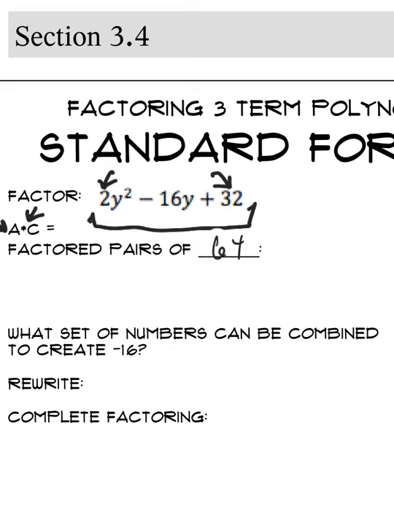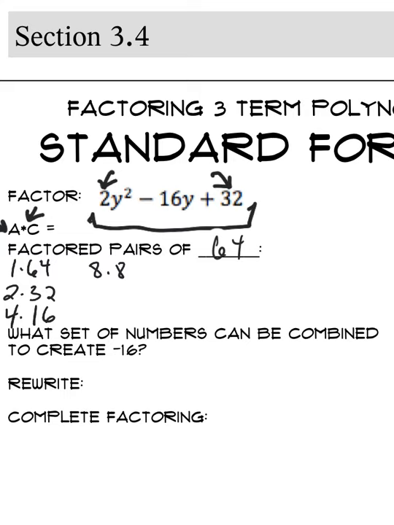The things you can multiply, I always start with 1, like 1 times 64. 2 times 32. 3 doesn't go into 64 beautifully, but 4 does. 4 times 16. 5 doesn't. 6 doesn't. 7 doesn't. 8 does. 8 times 8. And I think that's all of the factored pairs of 64.